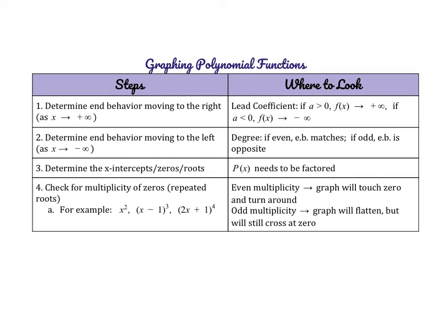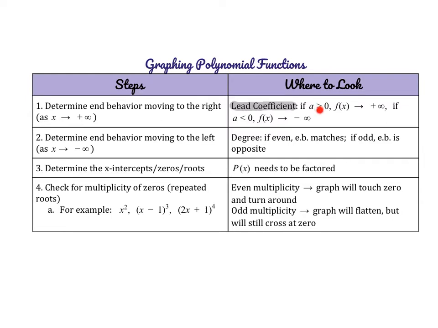So here are the basic steps to graphing a more complex polynomial function. So your first job is going to be to determine the end behavior of your graph moving to the right. So you want to know what's happening as x approaches positive infinity. So to figure out what's happening going to the right, your job is going to be to look for the lead coefficient.